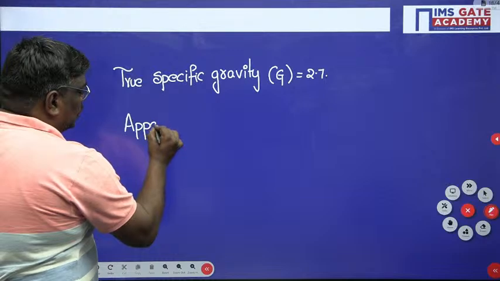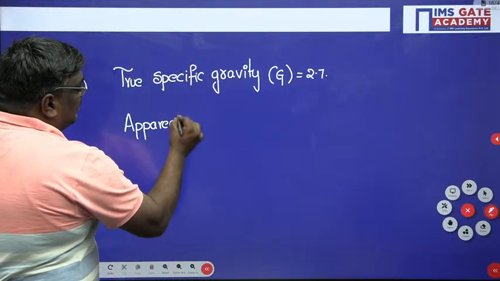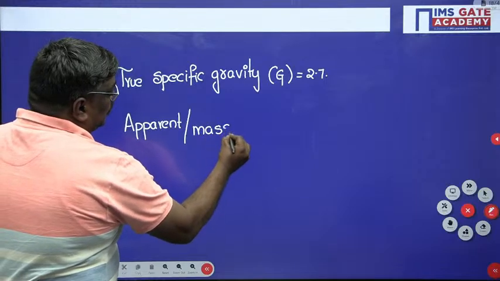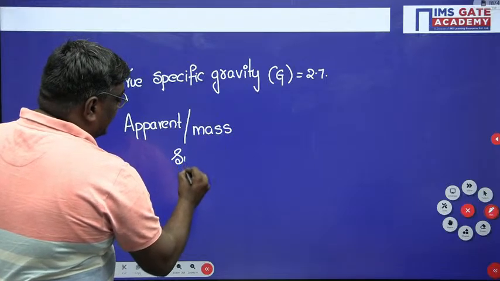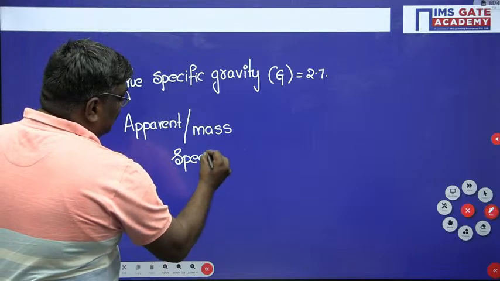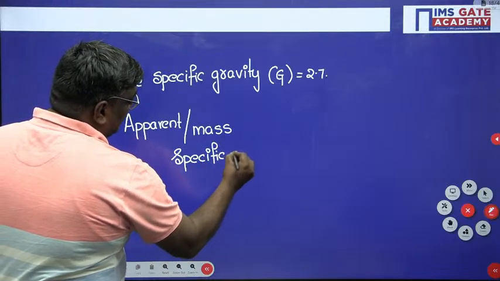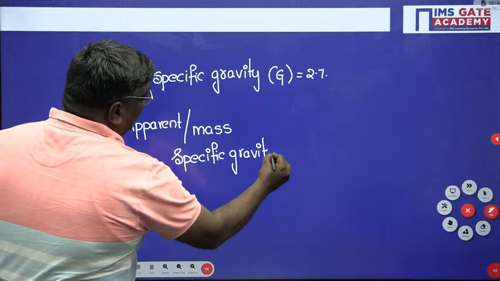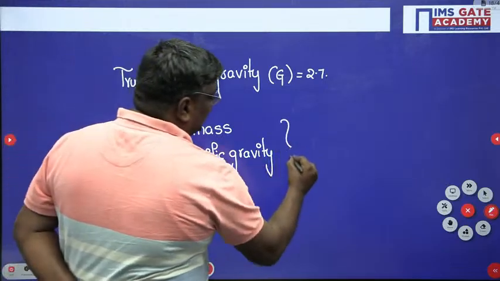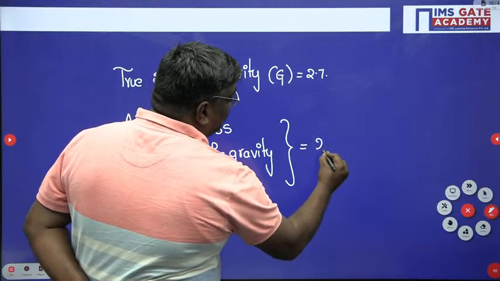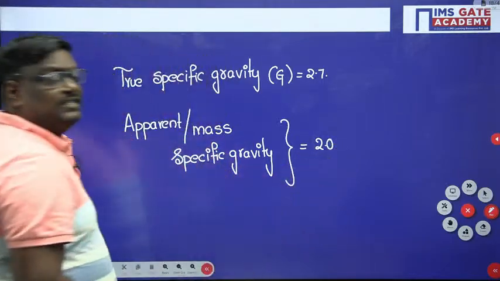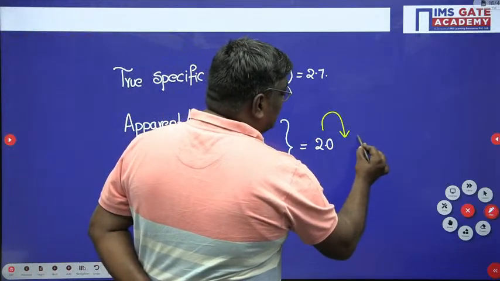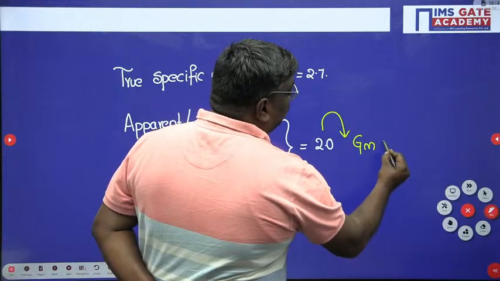Apparent specific gravity is also known as mass specific gravity. Here the apparent or mass specific gravity is 2, denoted as GM, so GM is equal to 2.